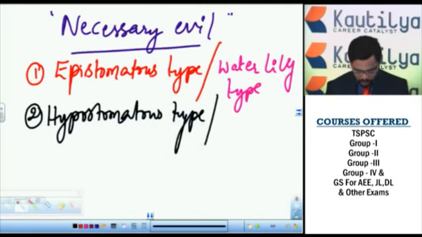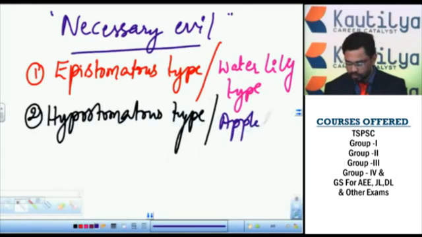This hypostomatous type of stomata is also called apple or mulberry type of stomata.